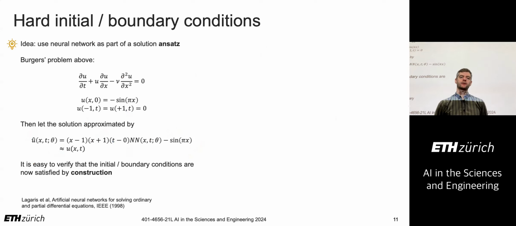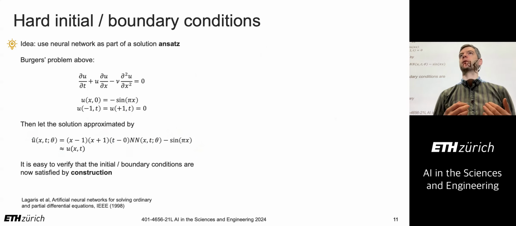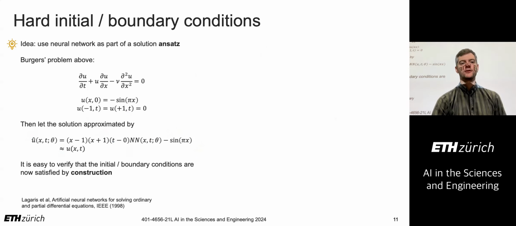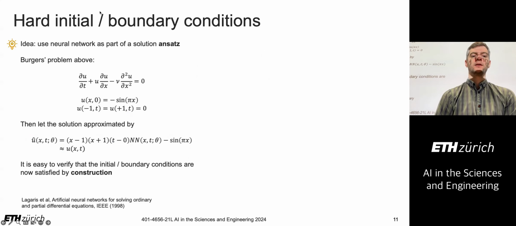So I've got many different approaches or ideas you can think about to try to overcome the competition between the lambda terms, or maybe help the network learn to minimize both those terms at the same time. The first idea is called hard boundary conditions, or hard initial boundary conditions. So what does this do?